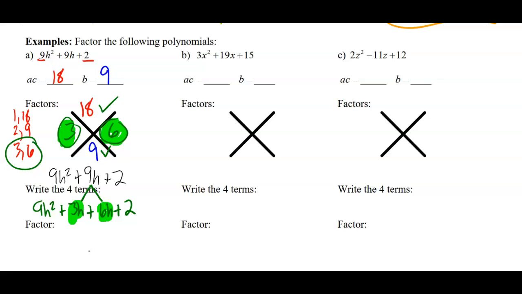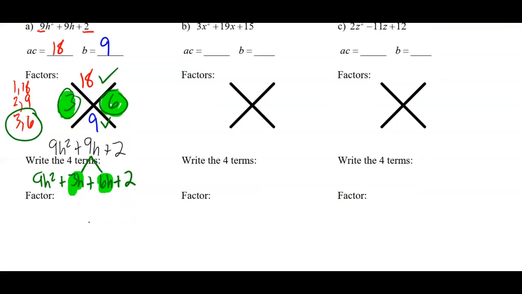Then what do I do? I group my set. So group the first two, group the second two. H is common, 3 is common, 3h is what I divide out. Left is 3h, and a number over itself, 3h divided by 3h is 1.